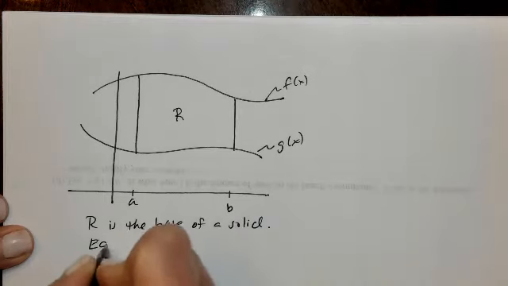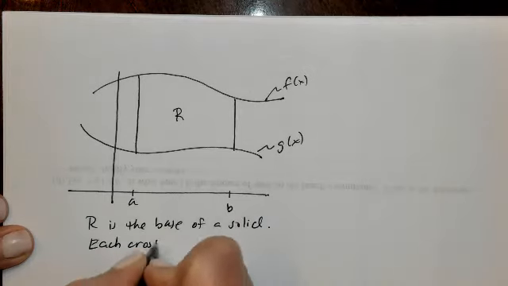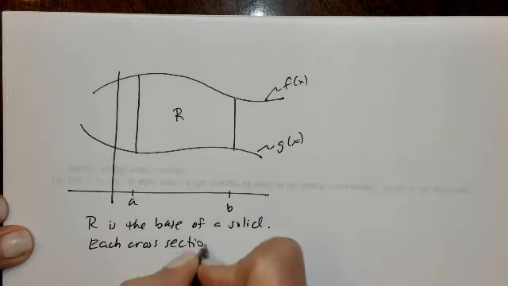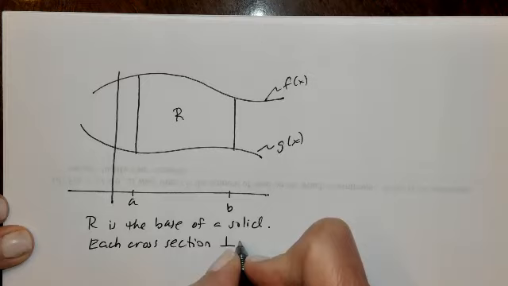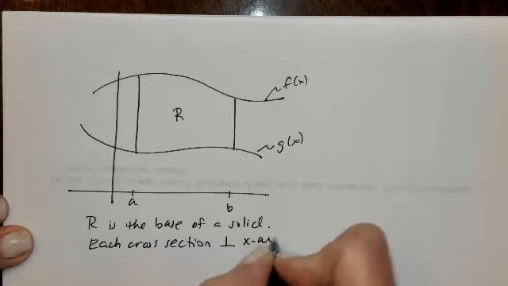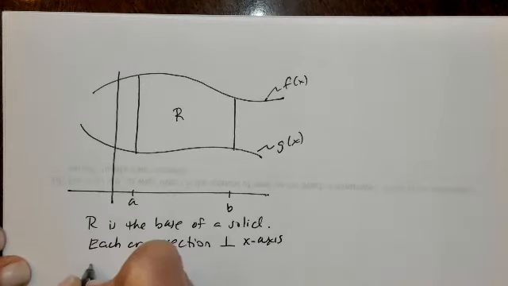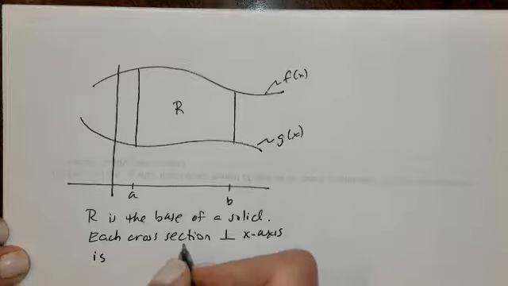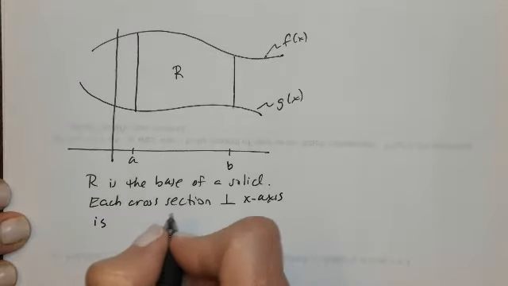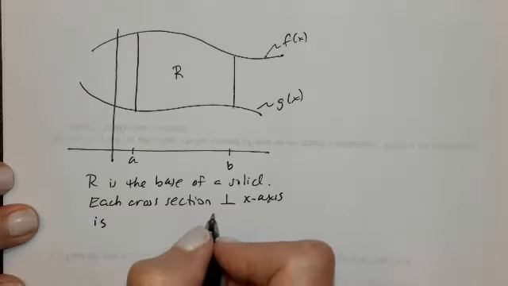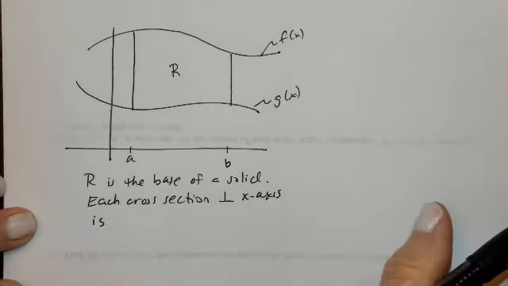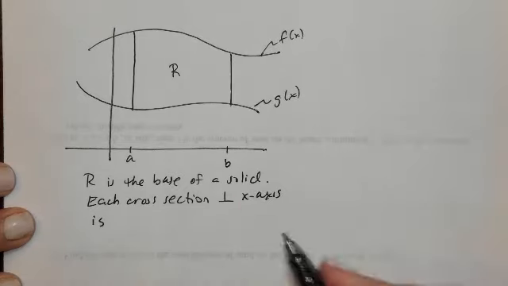and each cross-section perpendicular to the x-axis is some shape. Maybe it's a square, maybe it's an equilateral triangle, maybe it's an isosceles right triangle, maybe it's a semicircle, but it's some shape.